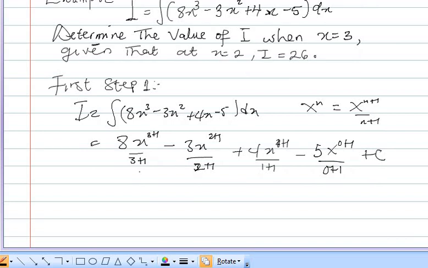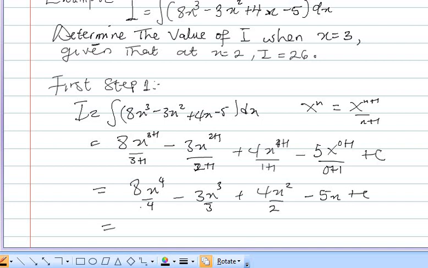So by simplification we can say x raised to the power of 4 over 4 minus 3x raised to the power of 3 over 3 plus 4x squared all over 2 minus 5x plus c.